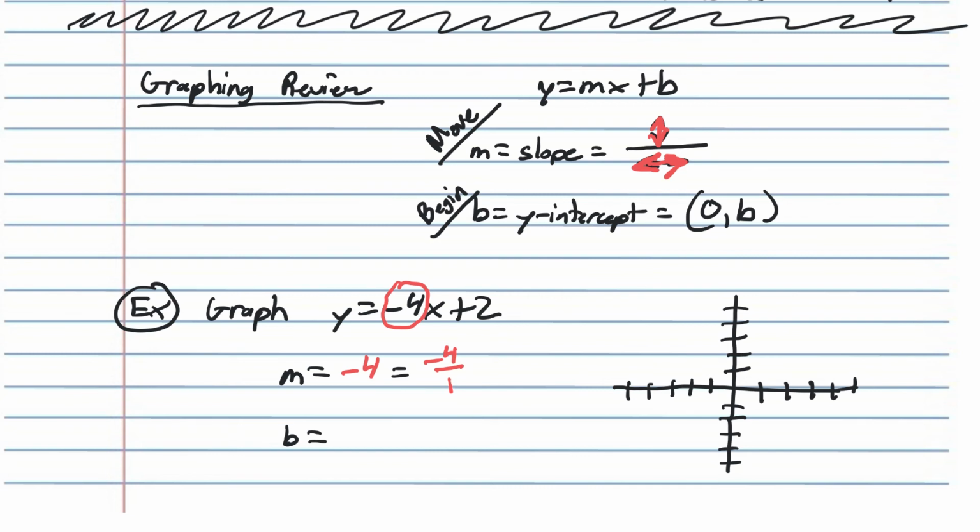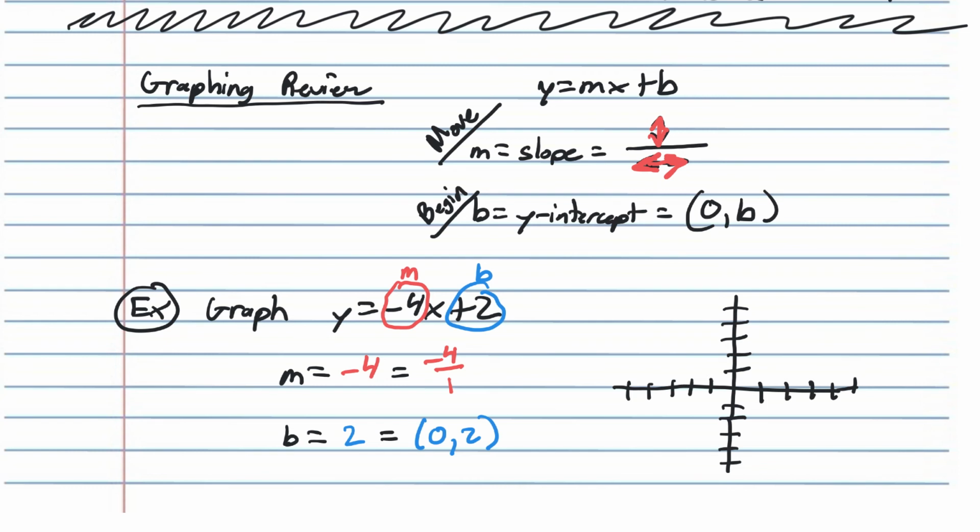I usually just assign it to the top. Okay, and then our b value comes after, it's a positive 2. Okay, so we know b is 2, which means we are starting at 0, 2. That's our starting point. We begin with b and then we move with m.